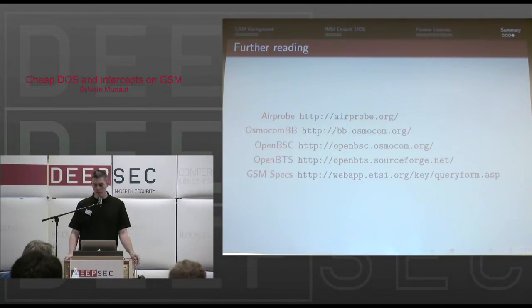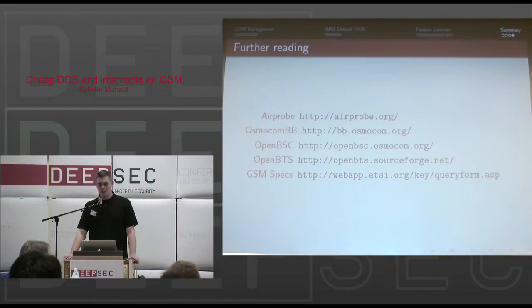Then OpenBSC, OpenBTS, and finally, please read the GSM spec if you're interested. It might be a little intimidating because there's a lot of specification, but you don't have to read them all. There are a few pointers in the beginning of what specification you could read depending on what you're interested in.